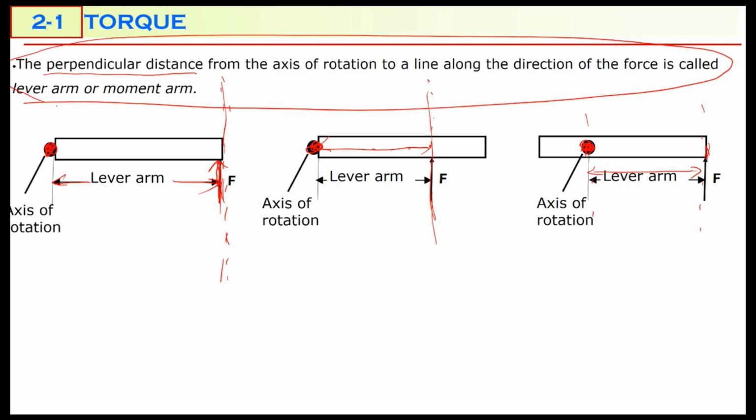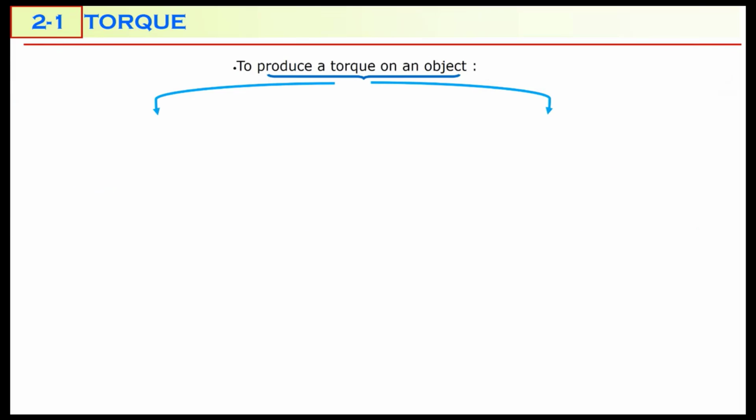In the ministry exam, they generally give the definition and ask what this is. The perpendicular distance from the axis of rotation to a line along the direction of force is called lever arm, or the other name, moment arm.